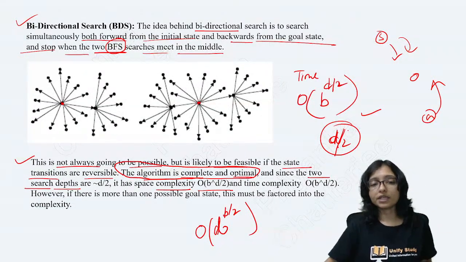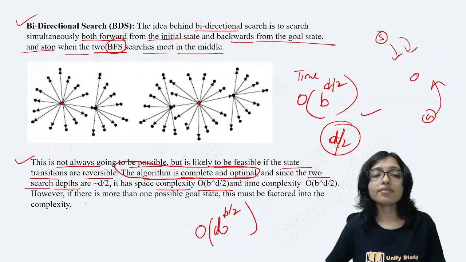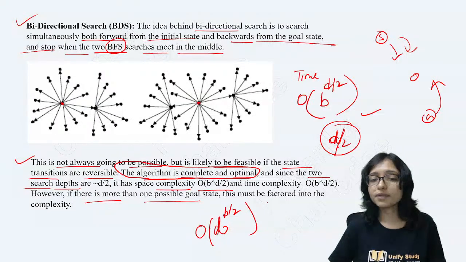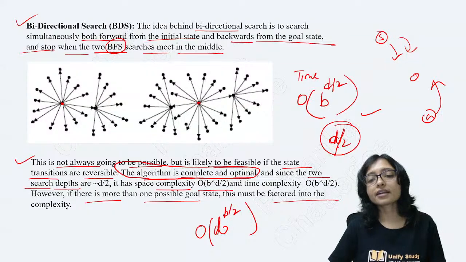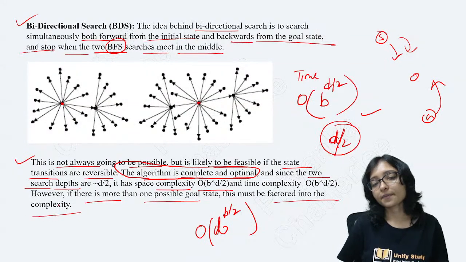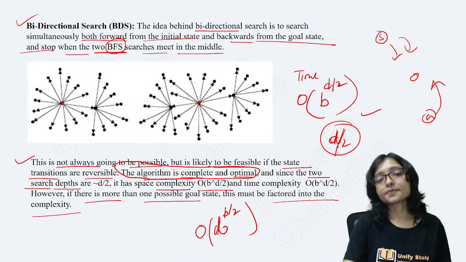That is a little bit of improvement. However, if there is more than one possible goal state, this multiplies a factor into the complexity. Okay, clear.